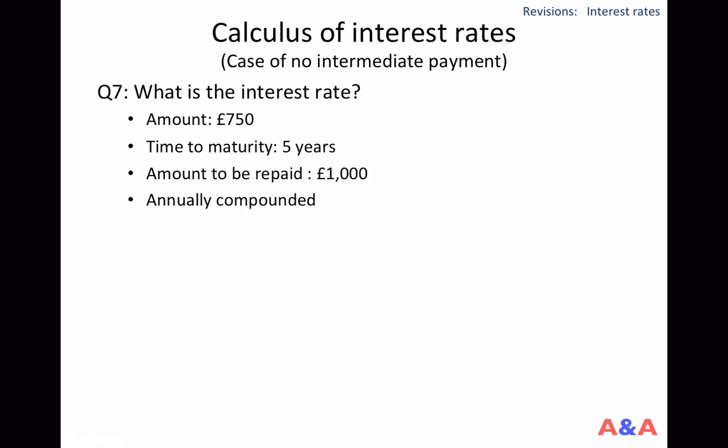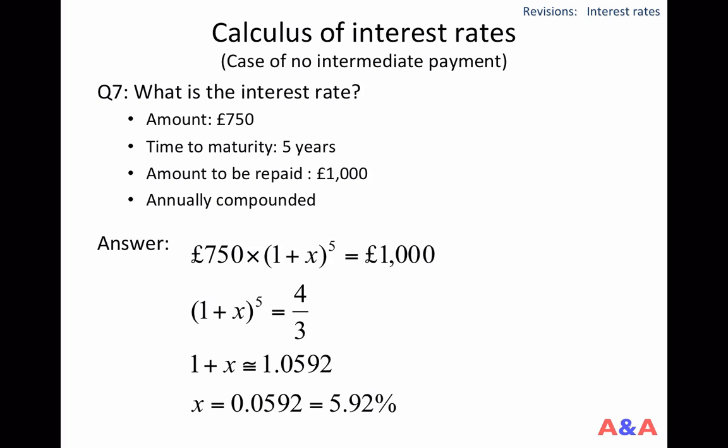Last question. What is the interest rate? The amount borrowed £750, time to maturity 5 years, and amount to be repaid is £1,000. This is the equation. You borrow £750 today, so 750 times 1 plus the unknown interest rate x to the power 5, because you borrow for 5 years. And this is equal to £1,000, the amount to be repaid in 5 years.